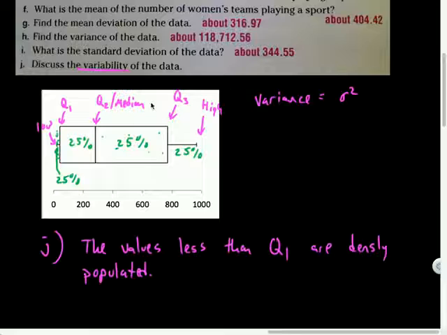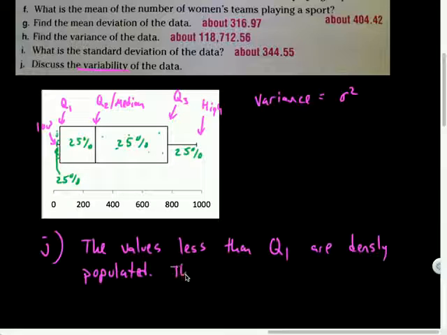What else do we have? The mean value, what was Q2? That was the 282. The variability is 344. So the standard deviation is actually greater than the mean. So that means it's actually jumping far away from this rather quickly.